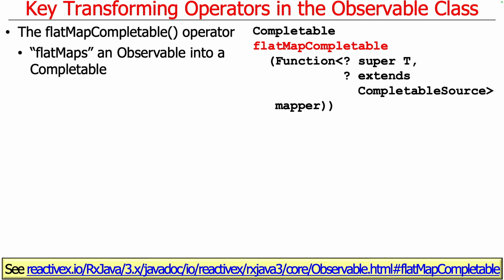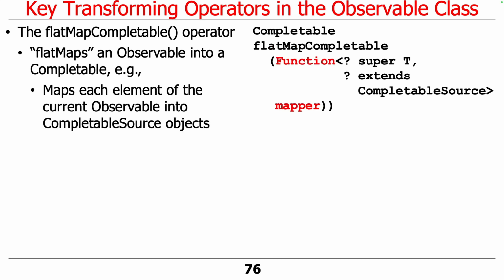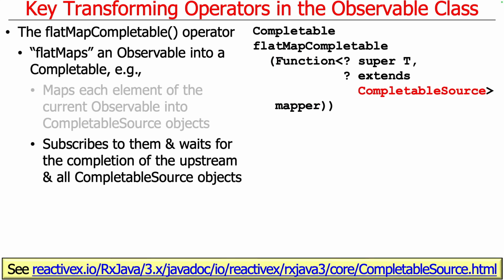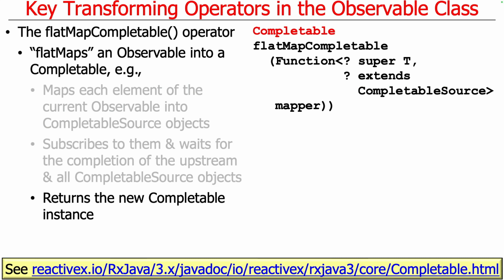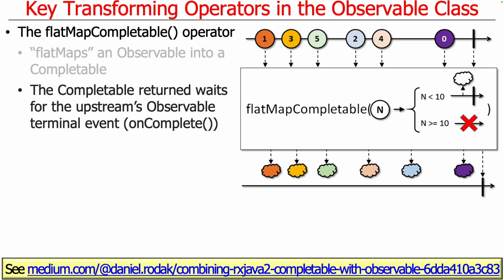So flat map completable takes a mapper, and it'll map each element of the current observable into completable source objects. It subscribes to them and then waits for the completion of everything that's occurring. So it doesn't actually get values out, it just gets a completable back. And the new completable instance is what's returned from flat map completable.